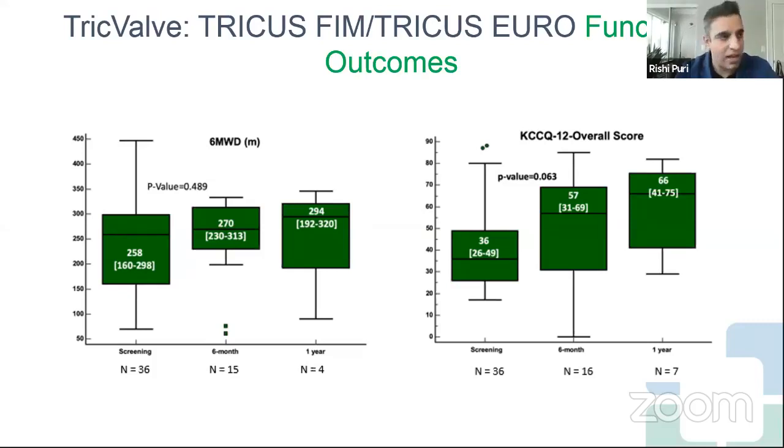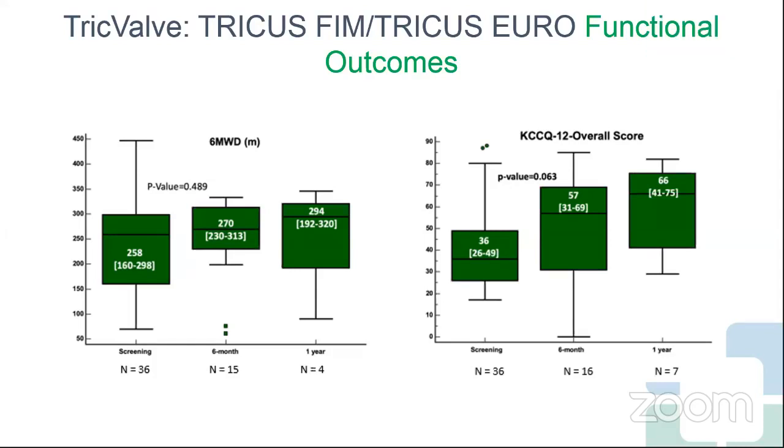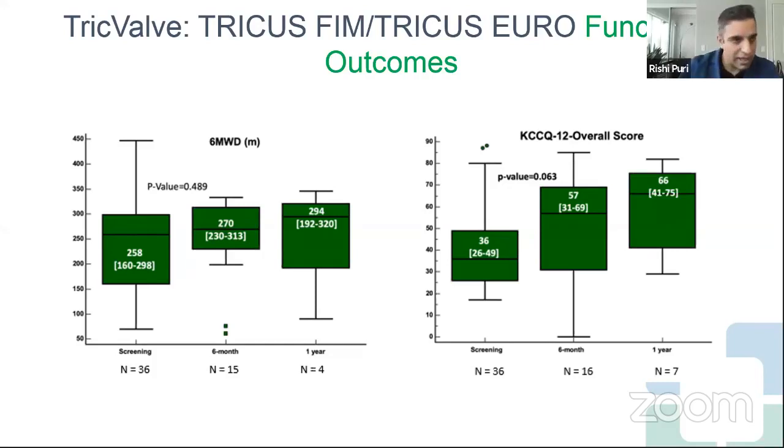In fact, the FDA looks more closely at the Kansas City Cardiomyopathy Questionnaire or the KCCQ-12 score. And what the FDA look for is a delta KCCQ of 10 to 15 points. And what you can see here, developing early, again, this is a limited number of patients, we can see some very, very promising improvements in the KCCQ.